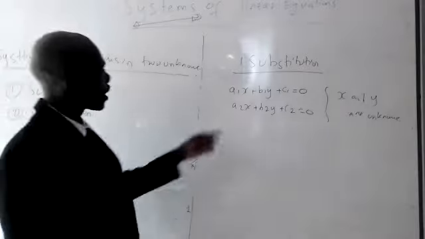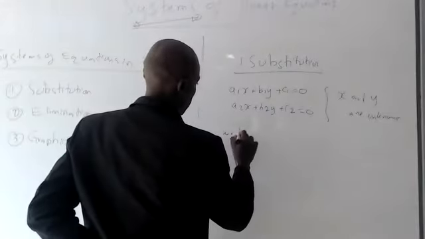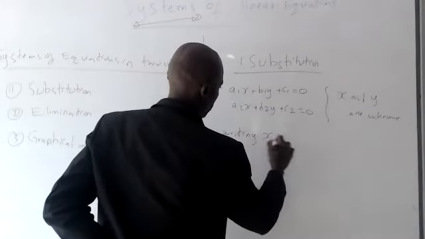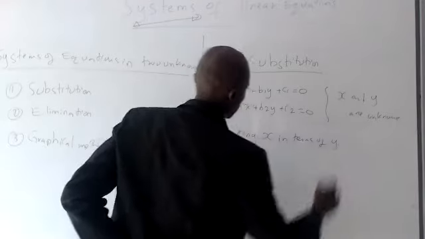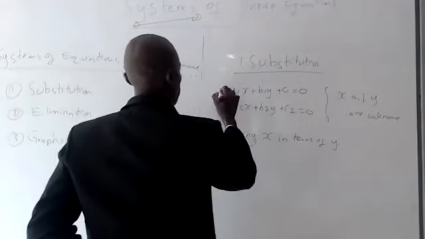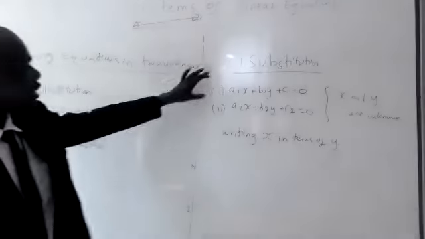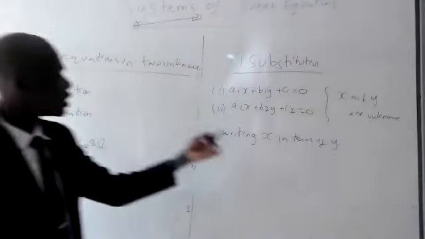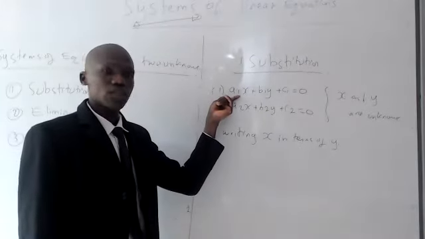So suppose I want to write x in terms of y. I can choose any equation of my choice, any equation that I prefer. Let's say I choose the first equation and I want to use this to write x in terms of y and to make x the subject of this formula.